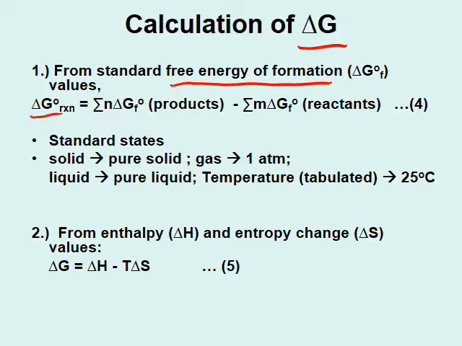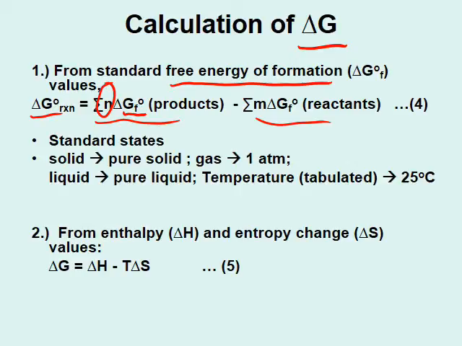Those are listed in the back of the book, and it should be pretty straightforward, pretty much the way you calculate change in entropy from standard entropy values. So this is delta G f zero, which stands for change in free energy of formation. n is the number of moles from the balanced reaction. Again, just like before, it's product values minus reactant values.